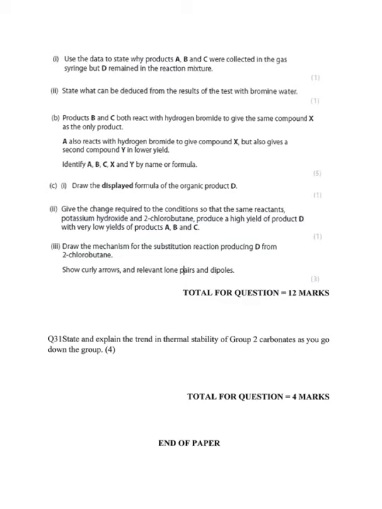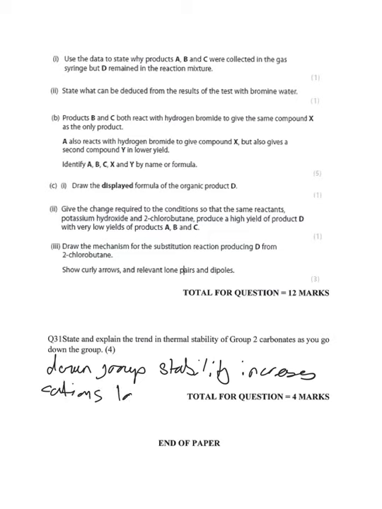Last question, 31, and we're going to look at the thermal stability trend. So as you go down the group, stability increases. This is because the cations become larger with the same charge, therefore they become less charge dense.